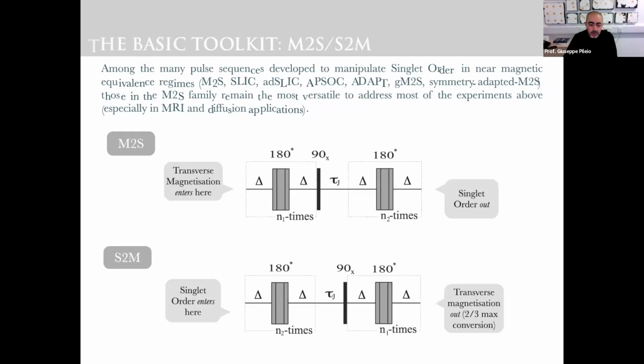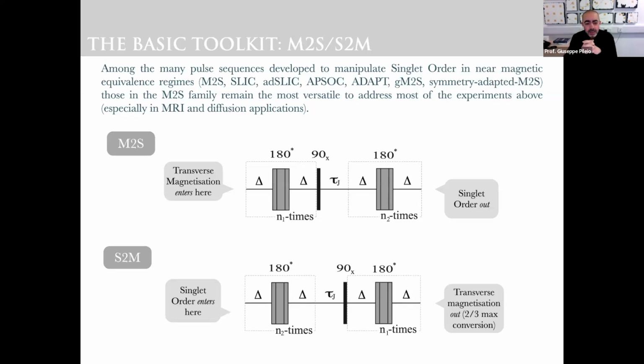Right, so I would like to show you what we do with the states, but before that, obviously, we need a sort of toolkit. And the toolkit in NMR could obviously be equipment, and I'll show you some equipment later on in the talk, but mainly it's pulse sequences, so the way we manipulate spin order.